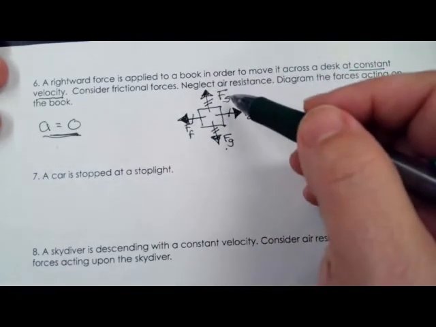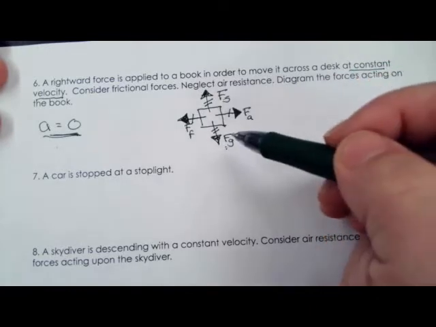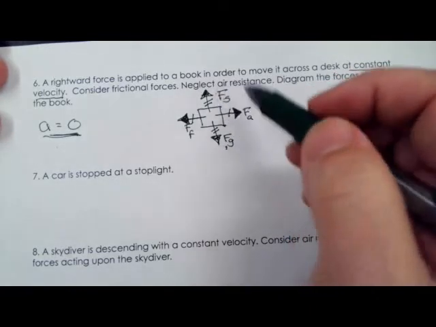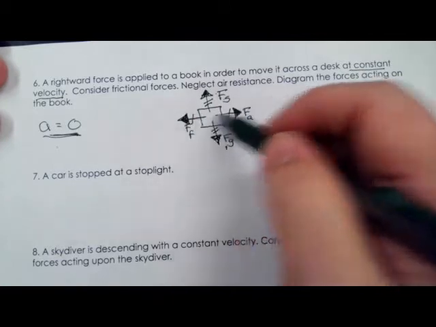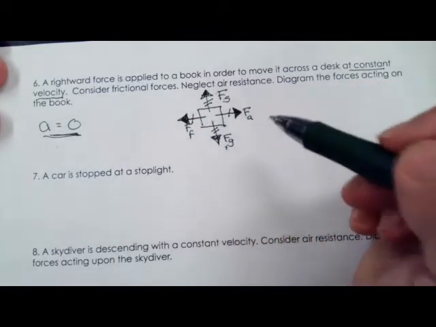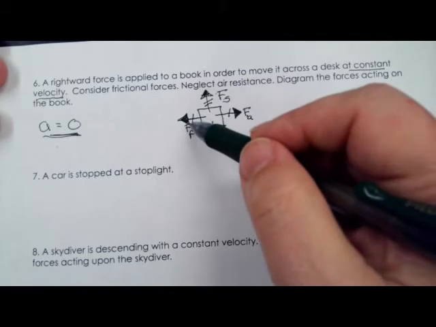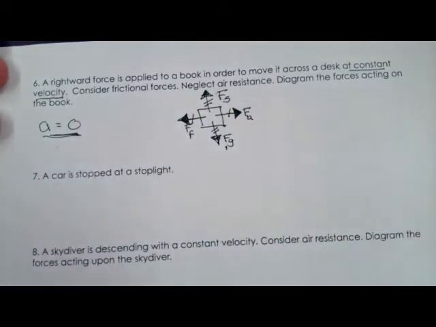But we know the support force and the force of gravity are equal, but we don't know if those 2 are equal to the other 2. So we do know that the applied force and the force of friction have to be equal to each other in opposite directions because the acceleration is 0.